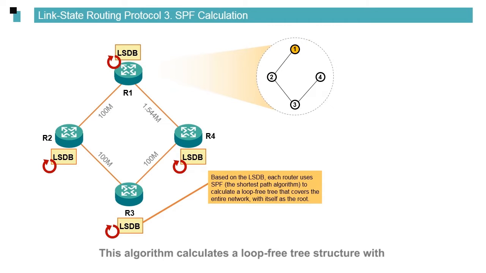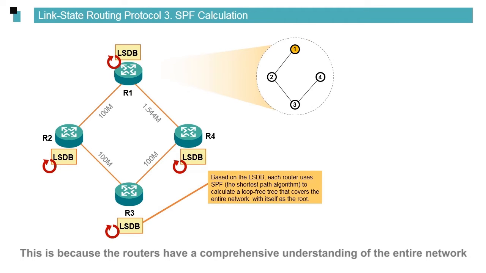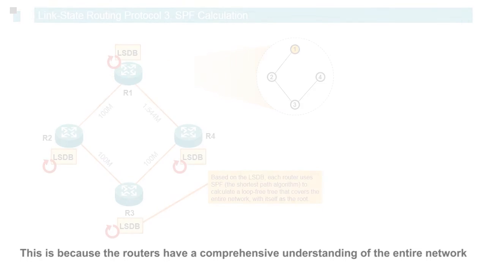This algorithm calculates a loop-free tree structure with the local node itself as the root. The tree represents all the shortest paths originated from the local node and destined for all the other nodes in the topology. The SPF algorithm is the core of the OSPF protocol, which ensures that the calculated routes are loop-free. This is because the routers have a comprehensive understanding of the entire network.